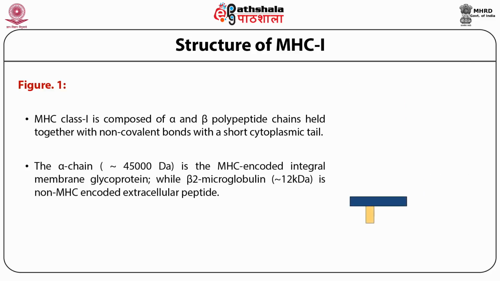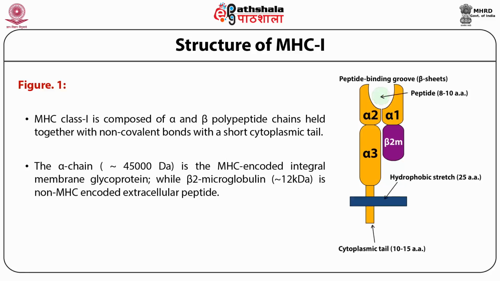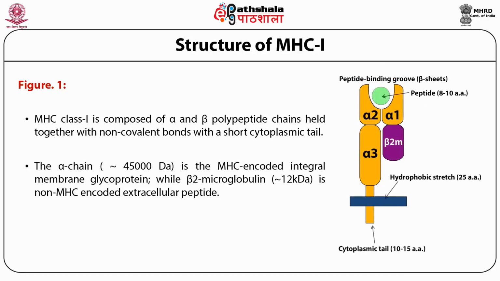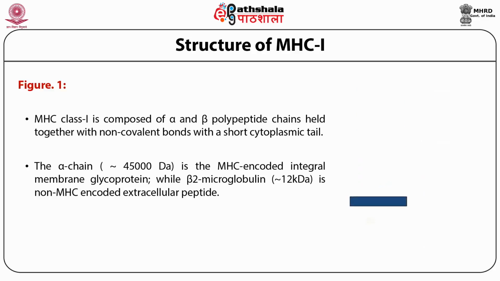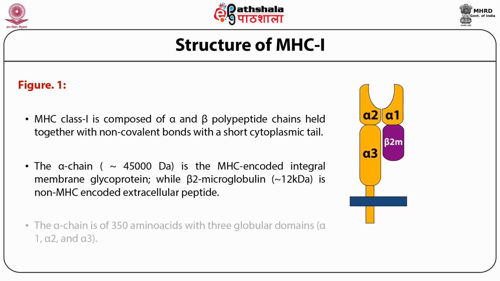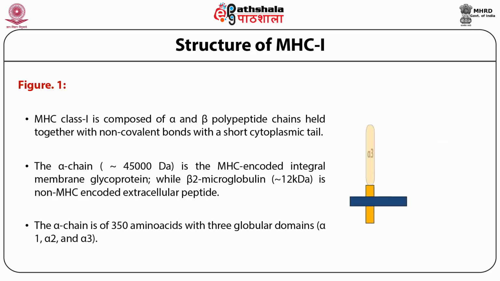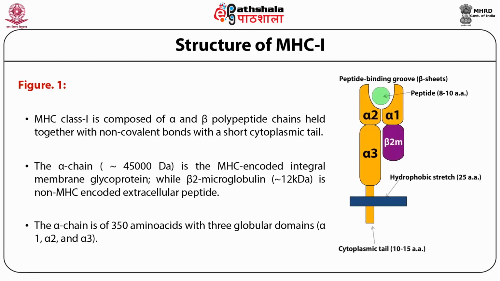The alpha chain, which is about 45,000 daltons, is the MHC-encoded integral membrane glycoprotein, while beta-2 microglobulin, which is about 12 kilodaltons, is a non-MHC-encoded extracellular peptide. The alpha chain is of 350 amino acids with 3 globular domains, alpha 1, alpha 2 and alpha 3.